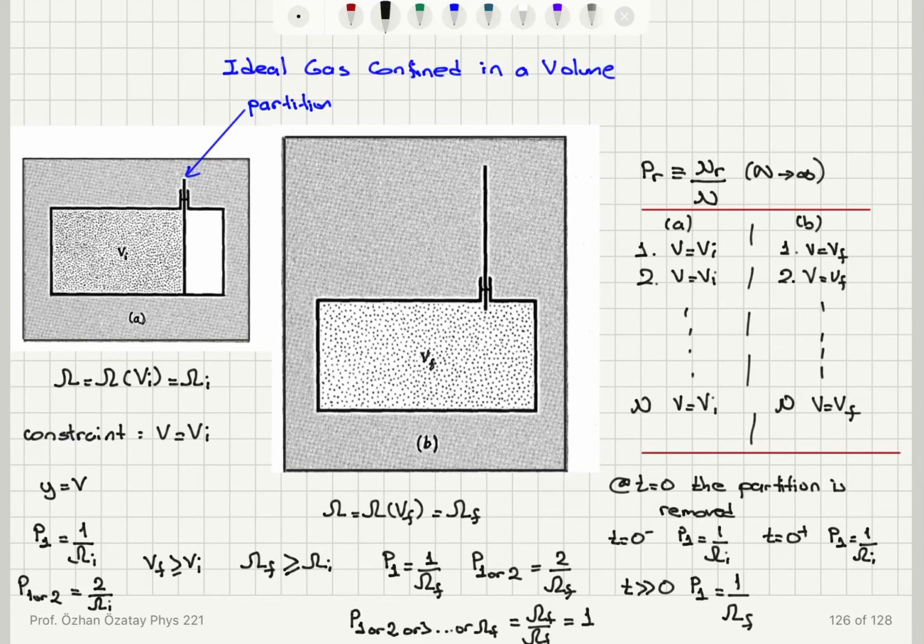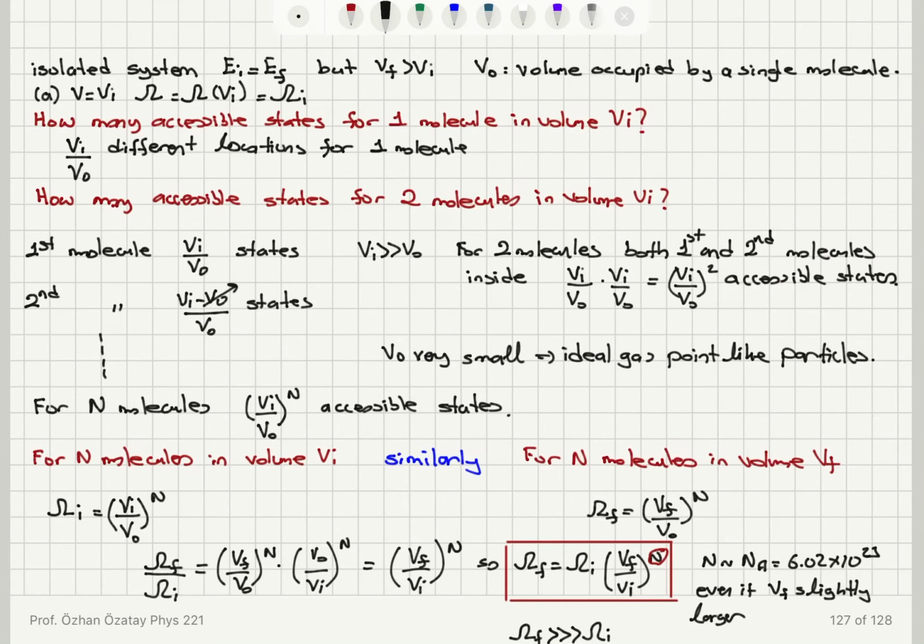As soon as the partition is removed, immediately after, the probability is still the same, 1 over omega initial for each accessible state, and omega final minus omega initial accessible states are not occupied, but as t goes to infinity, t is much greater than the recovery time, we will have the equilibrium probability 1 over omega final.